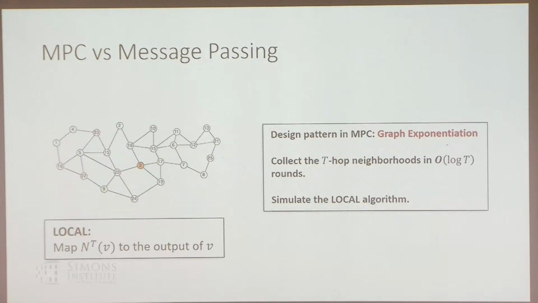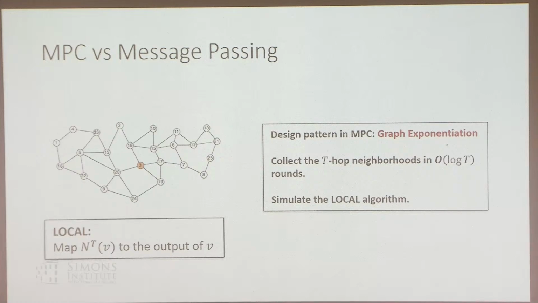All right. And then you can see this local model of distributed computing as, in T rounds, collecting a T-hop neighborhood, and then that maps the node into its output. So for example, whatever you choose in this LLL, or whether you're in the MIS or not, or what is your color. And why is this convenient?